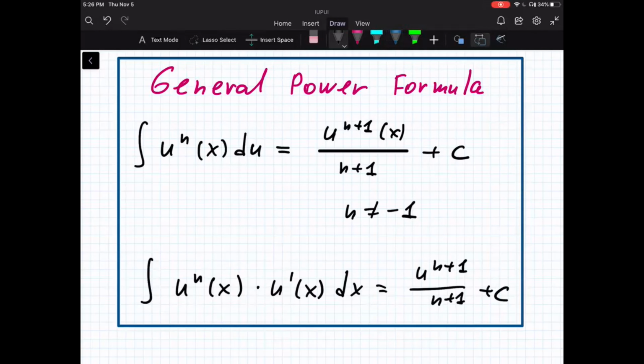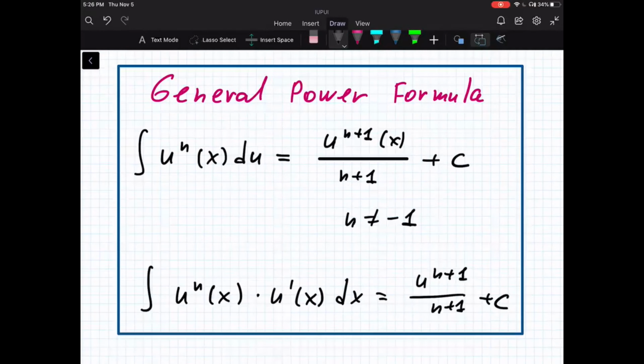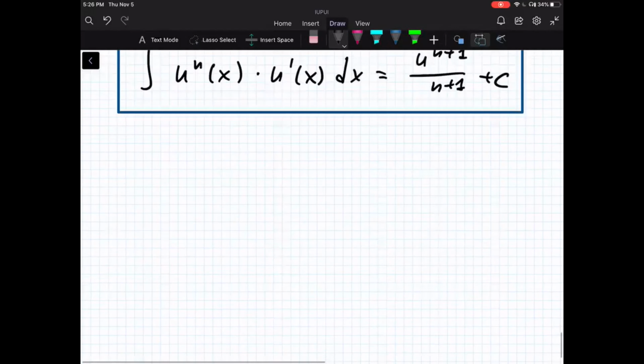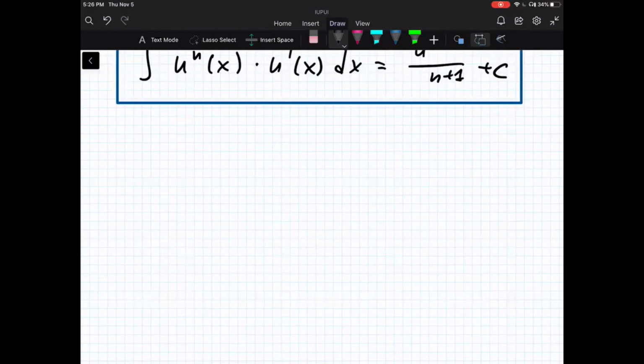This form is slightly longer, but it shows how to find your function u. Let me show you that in our previous example. So we had the integral of 1/2 times (x squared plus 1) to the power minus 1/2 times 2x dx.